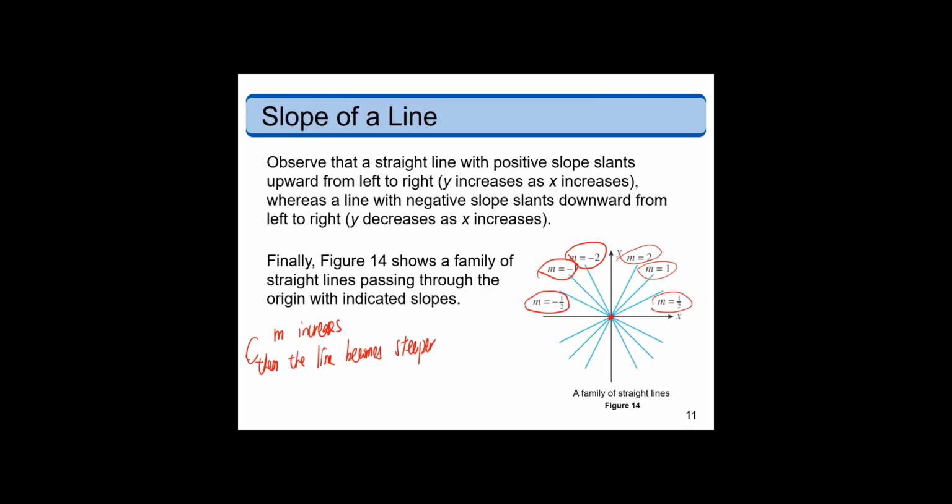So that's the positive side and the negative side. To distinguish them, if you look at the absolute value of the slope, when the absolute value of the slope increases, the line becomes steeper.